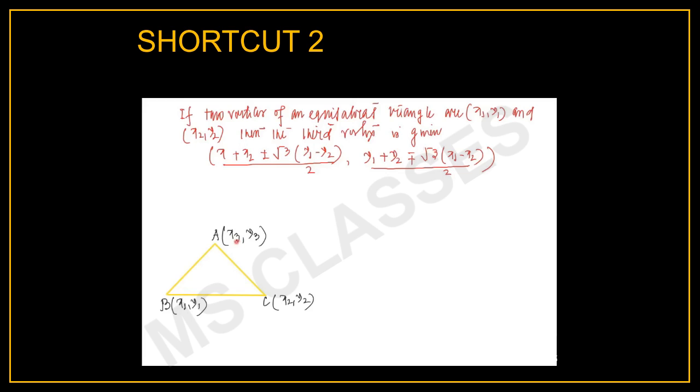Now x3 has two options, y3 also has two options. Why? One can be on this side of the line BC, and the other on this side. So that is the reason we can have two coordinates. So let us apply this shortcut in the next sum.